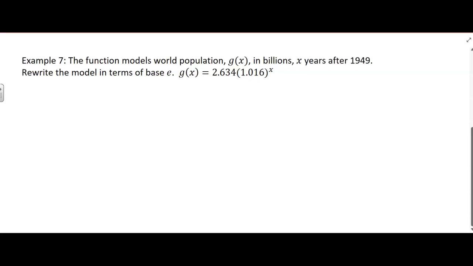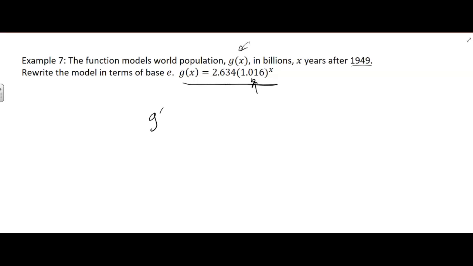So the function models world population, g of x. So now we're doing world population in billions, x years after 1949. Rewrite the model in terms of base e. So here's the function that they give us, but we don't want this 1.016. That's like the b from our model above. Like if you scroll up, you can see that.